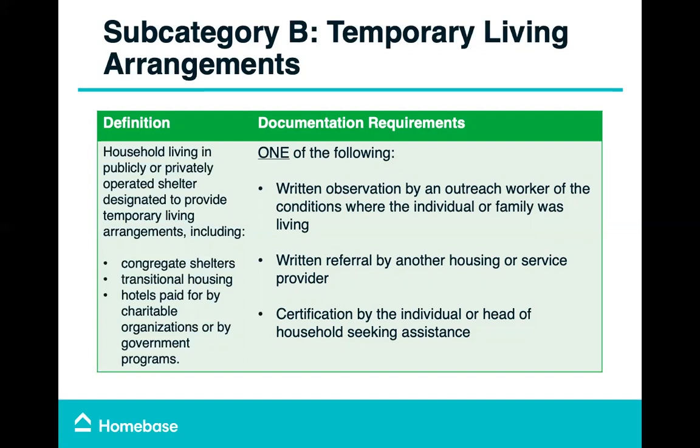And actually, the documentation requirements for subcategory B are the same as for subcategory A. So you're going to want one of the following items. Again, a written observation by an outreach worker of the conditions where the person was residing, written referral by another housing or service provider, or a certification by the household that they meet this definition.